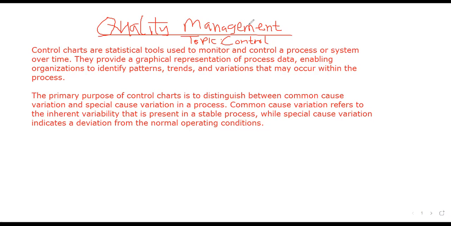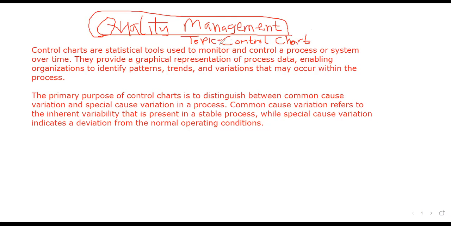Now, before getting down to the aspect of the full control charts, we need to understand what control charts are.